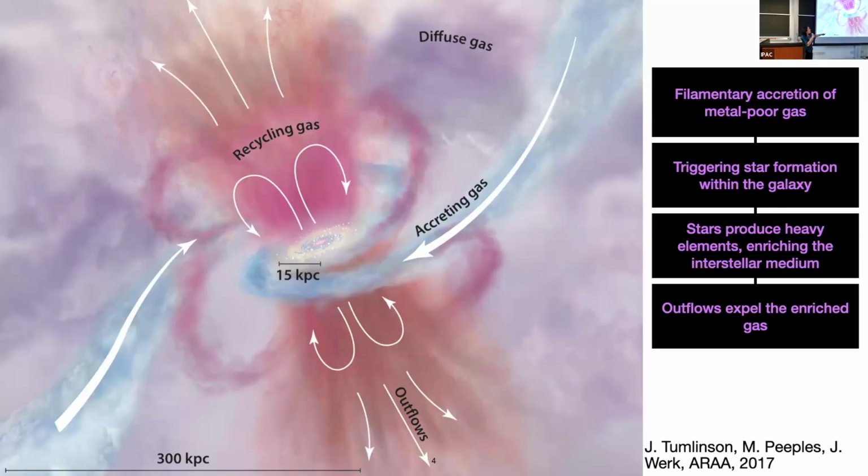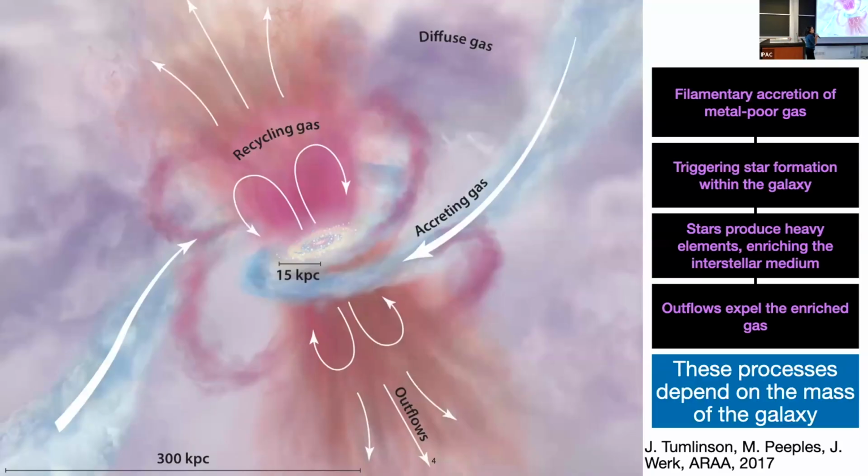But the picture is more complicated. Some of this gas is recycled back onto the galaxy, and these processes don't necessarily happen one after each other. They can happen at the same time. So this is very complicated and very tricky to model. But one thing that I hope we can agree on is that these processes depend on the mass of the galaxy. If you have a very massive galaxy, it's going to have a very deep potential well, which means that it's going to be more efficient at accreting that pristine gas, and also less efficient at driving that enriched gas back out.